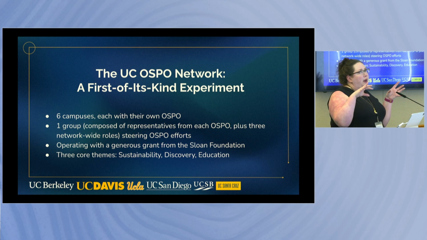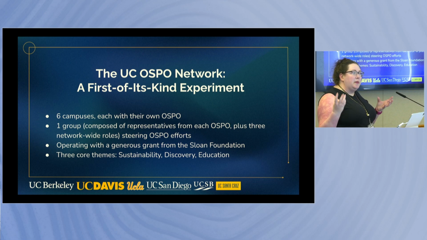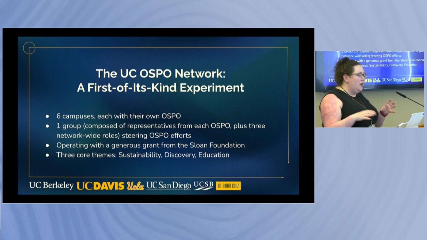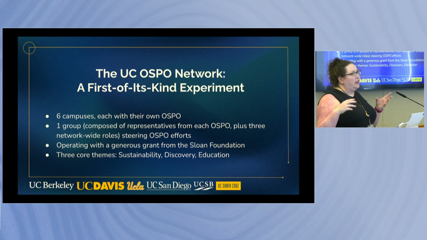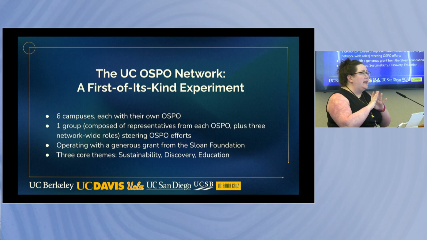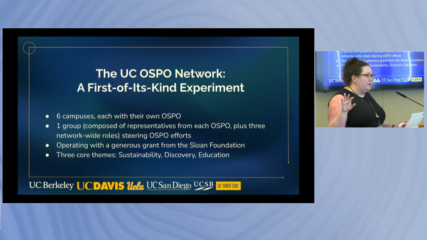So where previously, your Johns Hopkins or your George Washington University were a campus with an OSPO, the University of California actually has 10 campuses, but 6 of them have OSPOs, and those are all put together in a network, and that's led by a group of us that are comprised of representatives from each of the OSPOs.